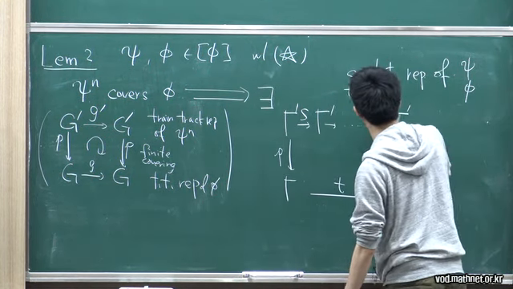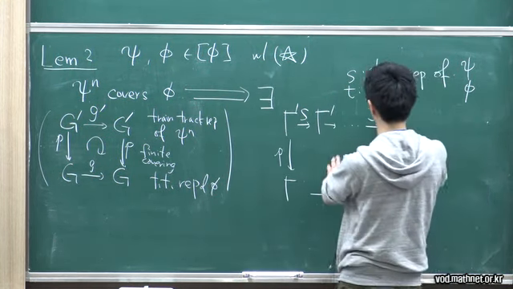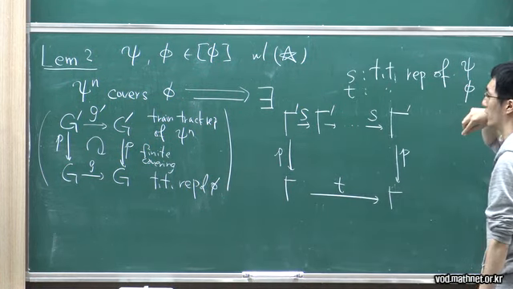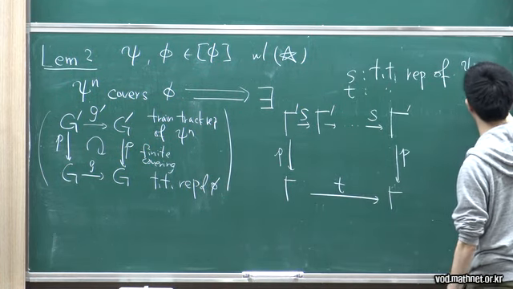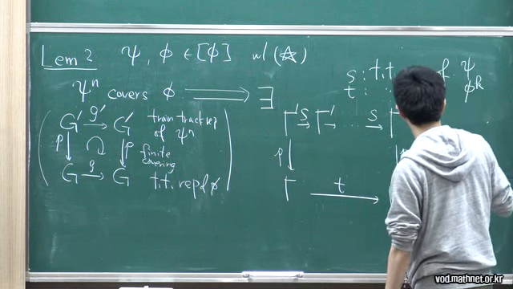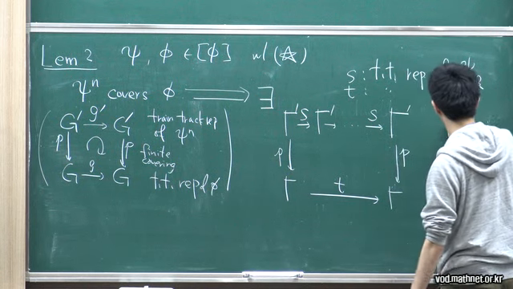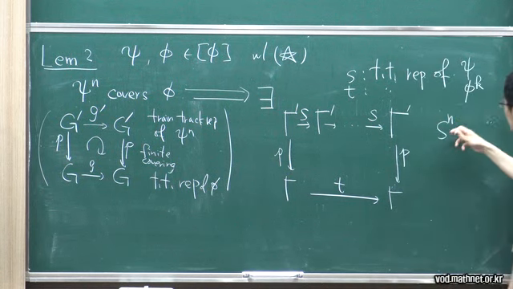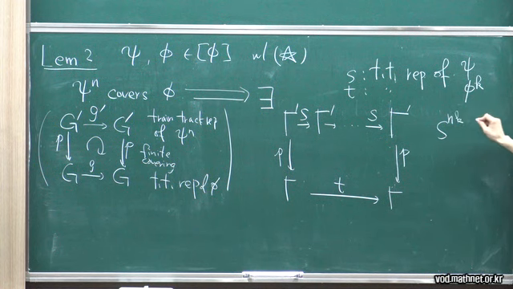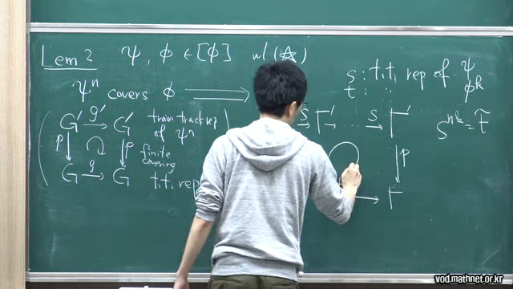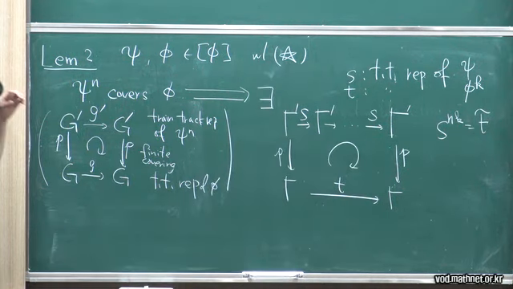And after taking power, so actually I have to say this is K. And S to the NK is a rift of T. So we can, I don't know, there might be easier proofs.